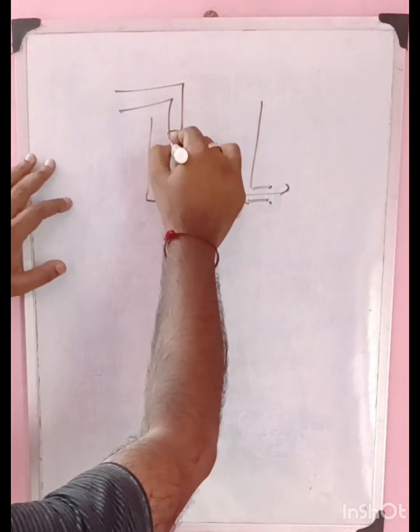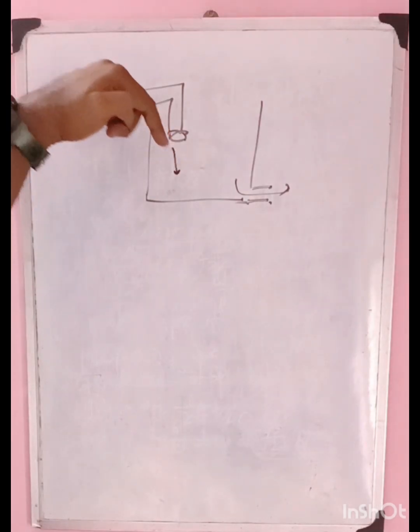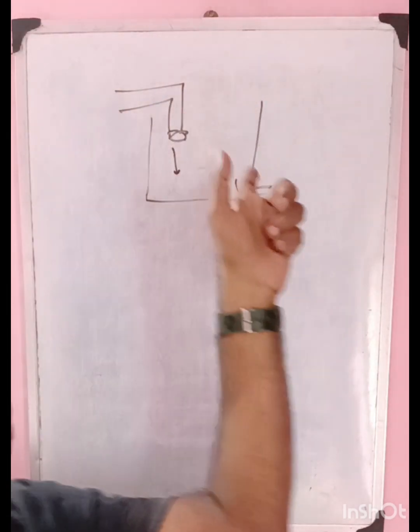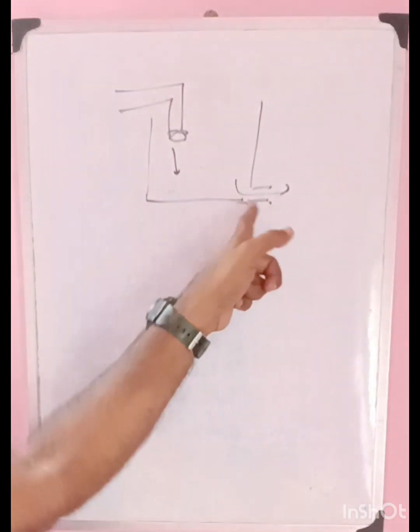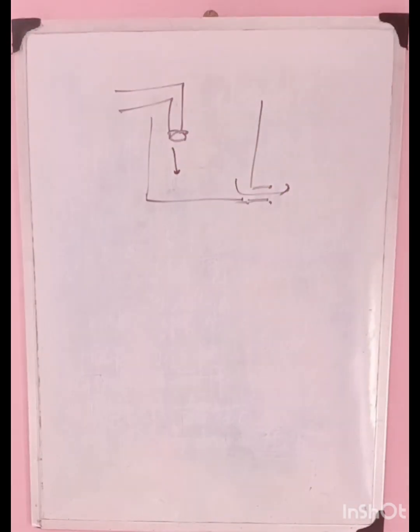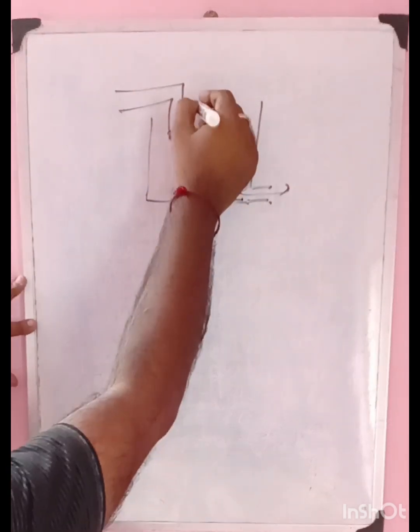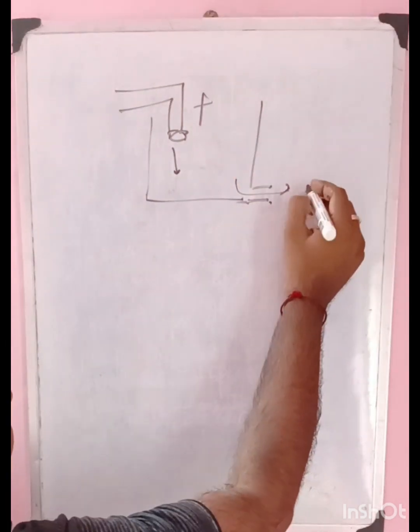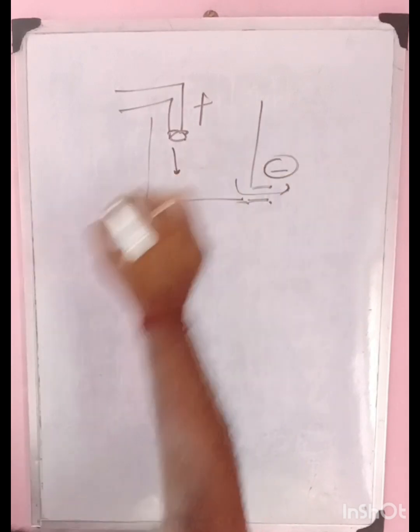So you are pouring water from the tap, but some part of this is drained out through this hole. So you are adding, this is plus, and this is getting out, this is minus.